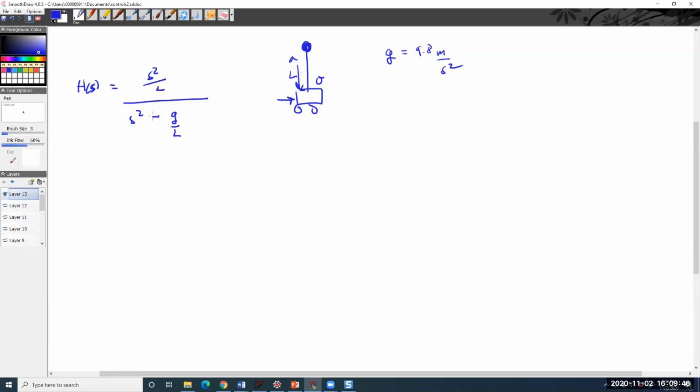So really, this sign is minus, and if you recall, that gave us S squared, which means we're going to have two poles. When it was plus, it turned out to be an oscillator, but when it was minus, you had one pole here, and you had one pole here.